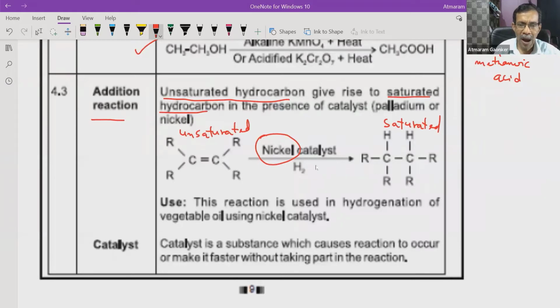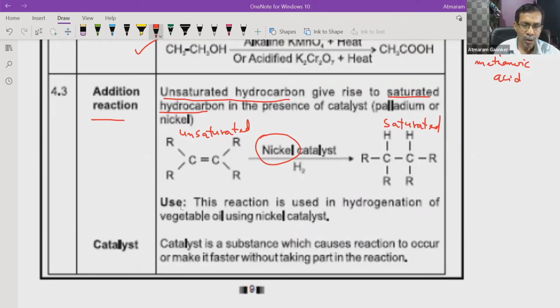So here the R groups are kept as they are, and two hydrogens get attached to this, and so it becomes a saturated hydrocarbon, and this was an unsaturated hydrocarbon. So this addition reaction you should remember. And where is this addition reaction used? This question is asked almost every time.